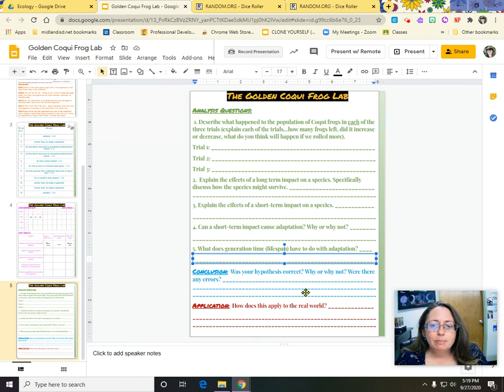So the length of time that it takes to adapt will depend on the lifespan. And what that means is if the lifespan is short, it doesn't take that long to adapt. If the lifespan is long, it takes forever to adapt.